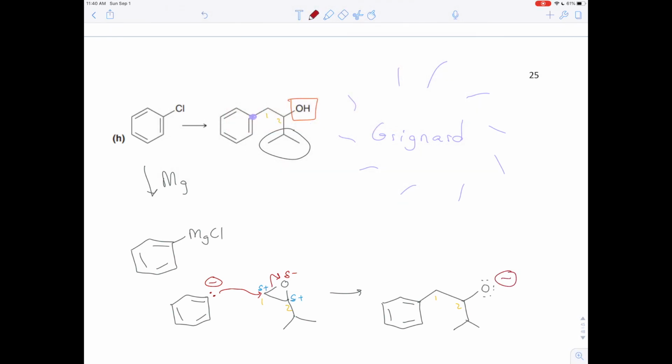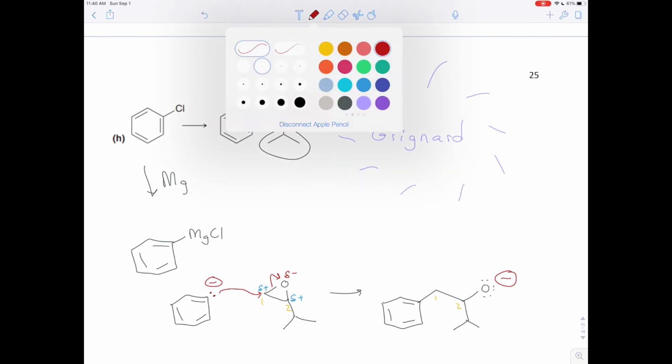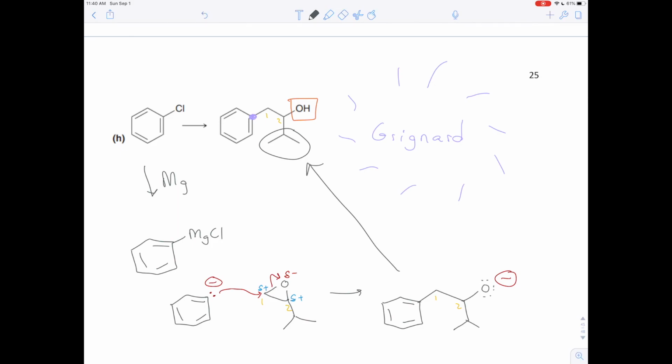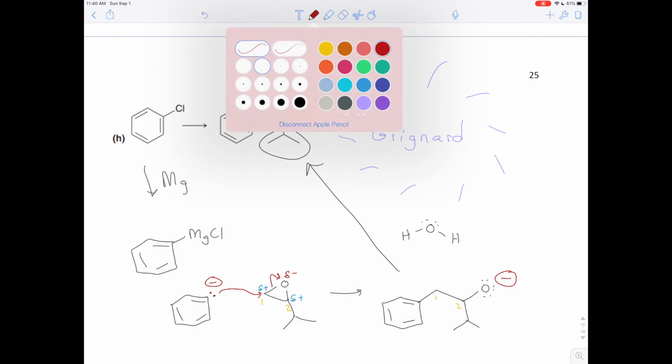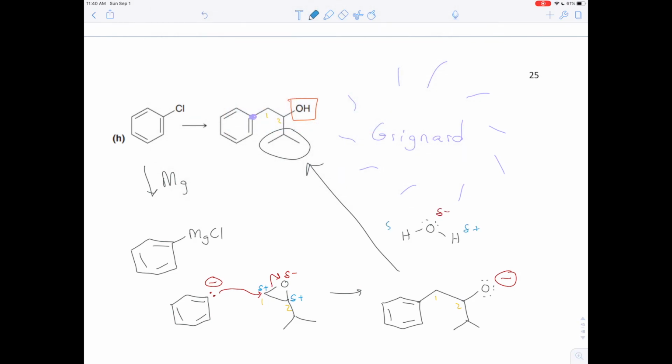You end up getting this molecule, which is really close to the molecule we want. The only thing is that negative charge on the oxygen, which, as we've seen time and time again, we can remove by adding water. Water here is just a source of hydrogens, so the negative oxygen attacks the hydrogen there, electrons go on to the oxygen, and you get your beautiful product.